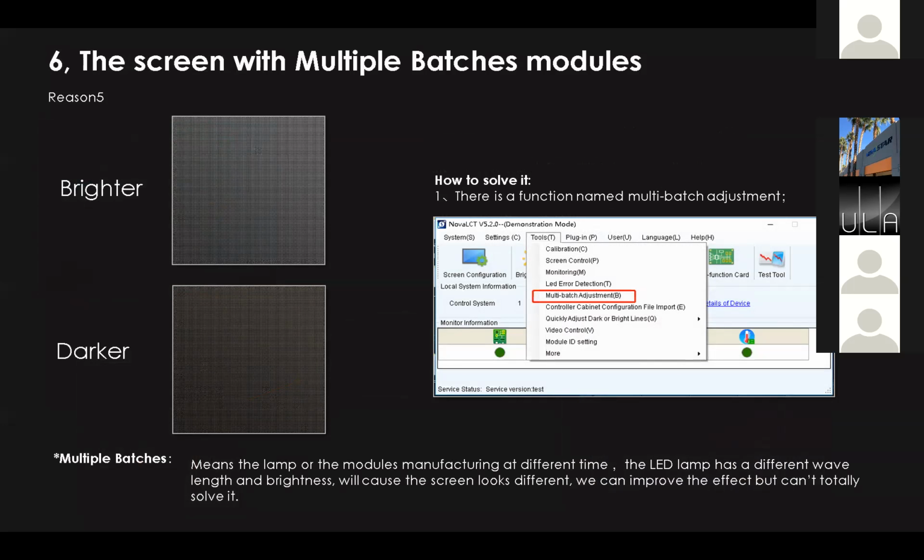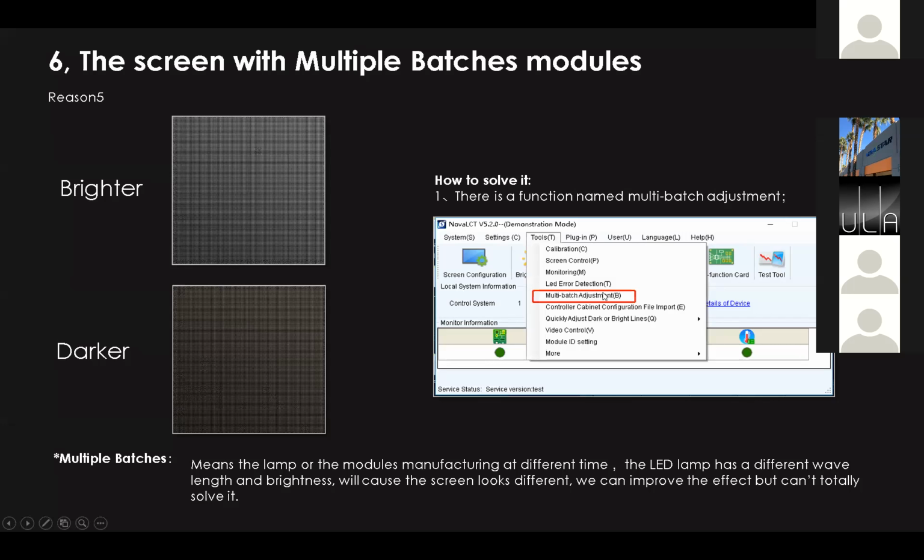And the last possible reason is if the screen is from a different batch, then it is for sure that you have different brightness. It is hard to fix this different batch issue. But we can try to improve the screen effect with the multi-batch adjustment function, or with an adjust coefficient function, which we can find in our software tools.